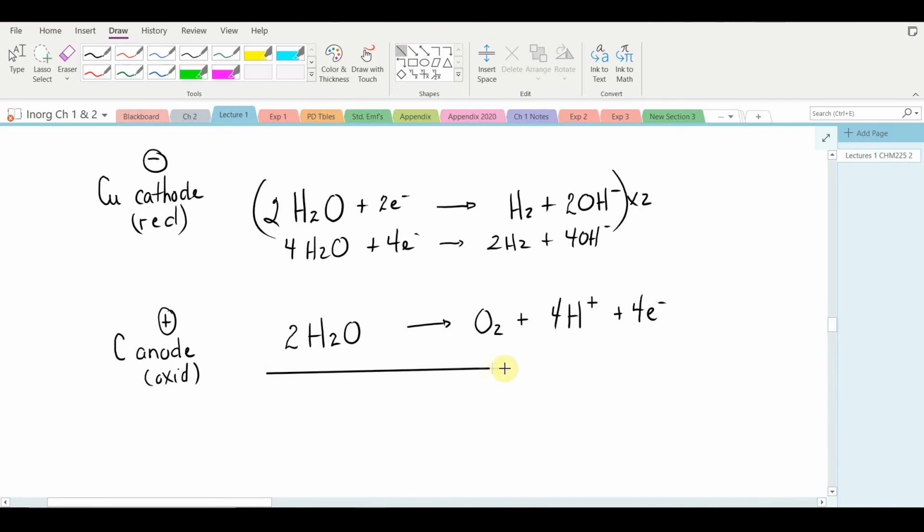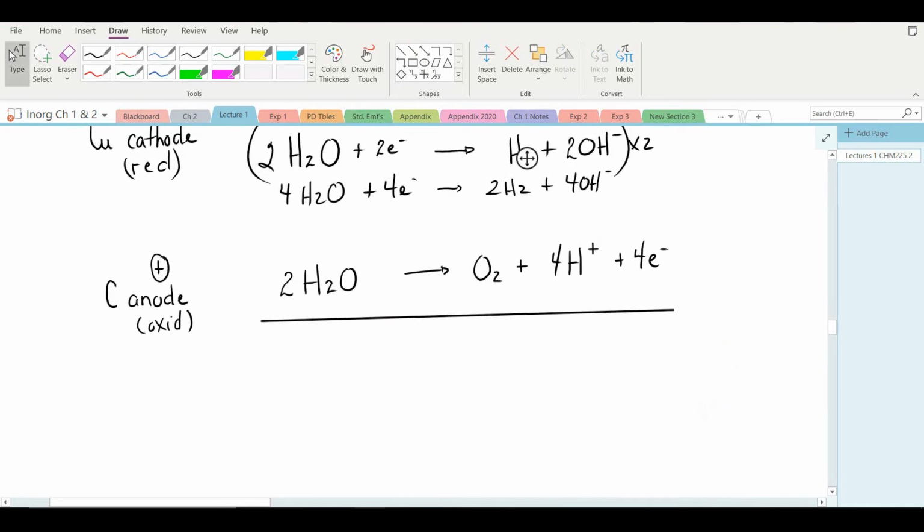Now I can add those two half reactions together and come up with the overall reaction. So on the left-hand side, I'll have 6H2O plus 4 electrons.